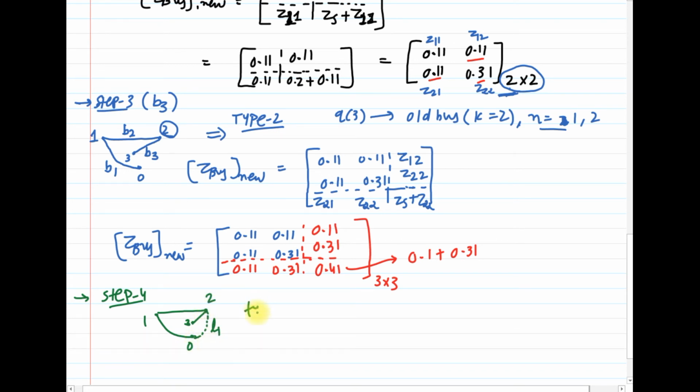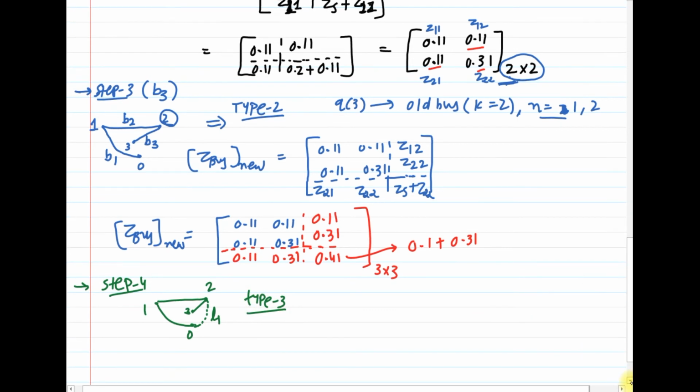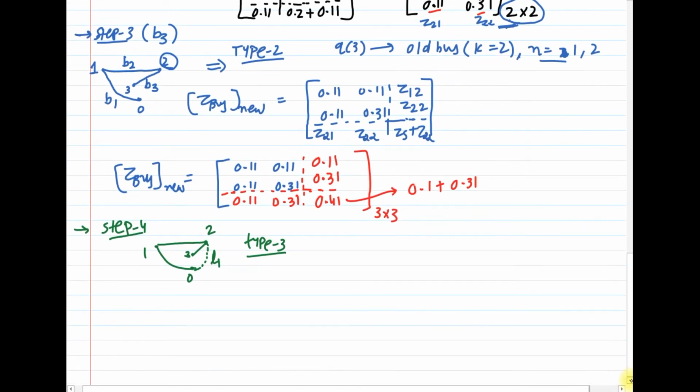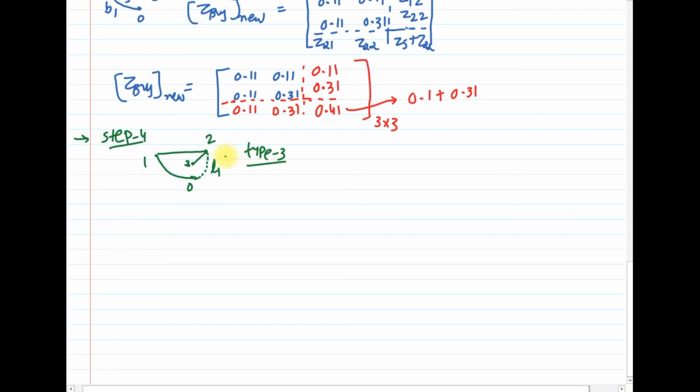So the type 3 modification will be applicable for this link L1, which is added between bus number 2 and the reference bus. Now here, the value of n for this modification is 1, 2 and 3 as per the previous matrix. The size of the matrix is 3 cross 3.